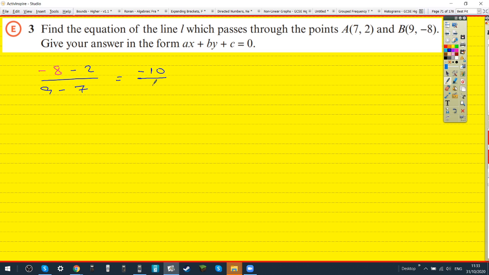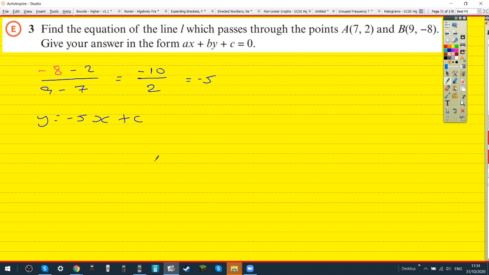And then we need to find out... after this, do we need to rearrange it to get c? We do know what y and x are. We can take our pick. Does it matter which one? Just so long as you use the same x and y from the same coordinate.